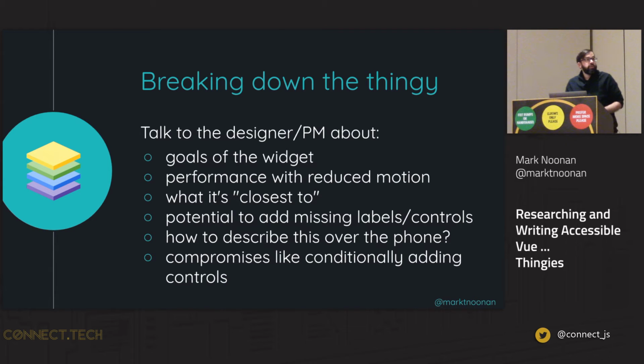And then finally, there's some compromises you can make. Every now and then you'll encounter situations with design or branding where it's not possible to get everything you want and go back to a designer and say, this should have all these sort of controls and all these focus styles. In the real world, it's okay to have a compromise that gets you over the threshold of basic usability, even if you do something like, okay, we have tabs, but they're only going to appear if you are using your keyboard to navigate.